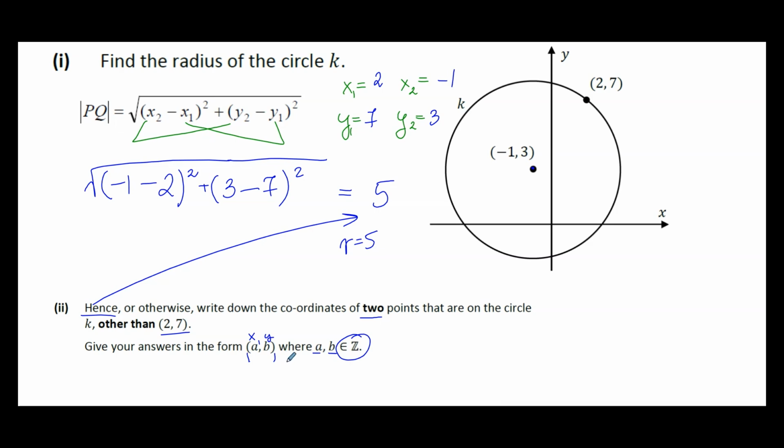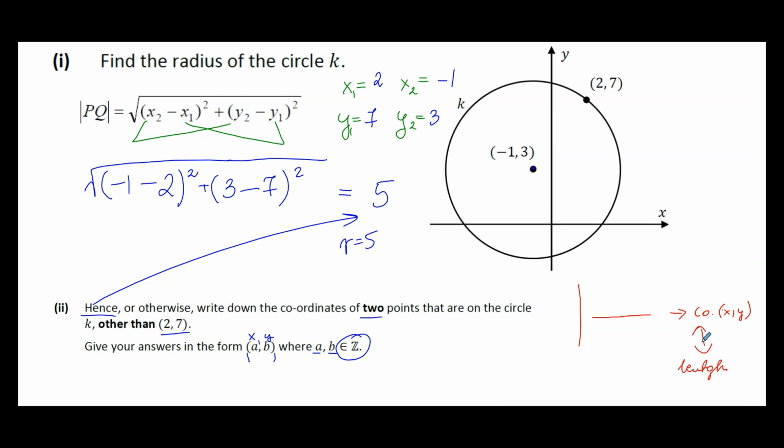Well, when it comes to coordinate geometry, we use the idea that when you have vertical or horizontal lines, we can use those to either read coordinates, so read X and Y, or read length.